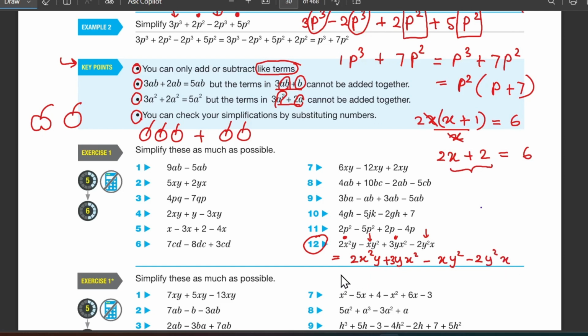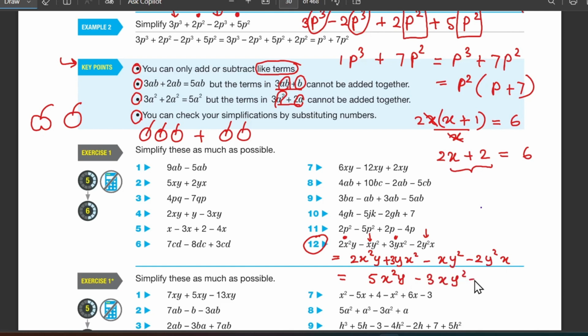So these two we can add. 2 plus 3, 5. So 5x squared y minus xy squared minus y squared x. So these two, minus 1 and minus 2. So this should be minus 3 xy squared.